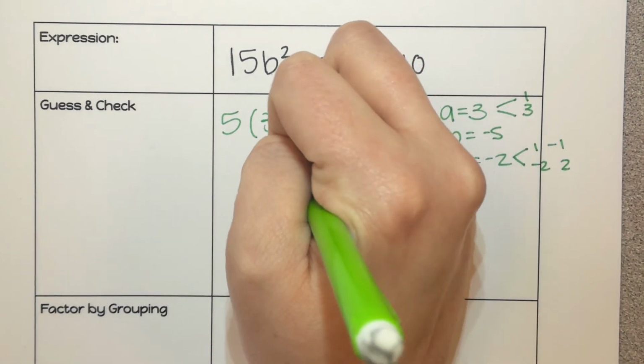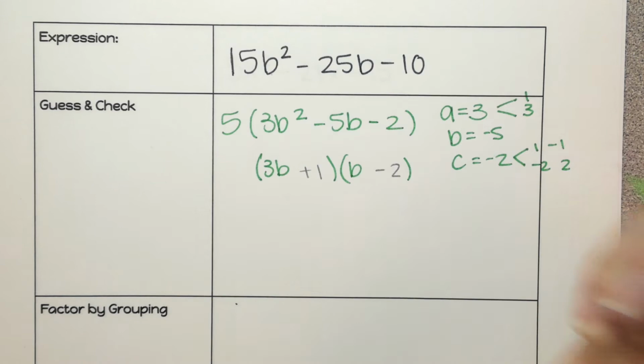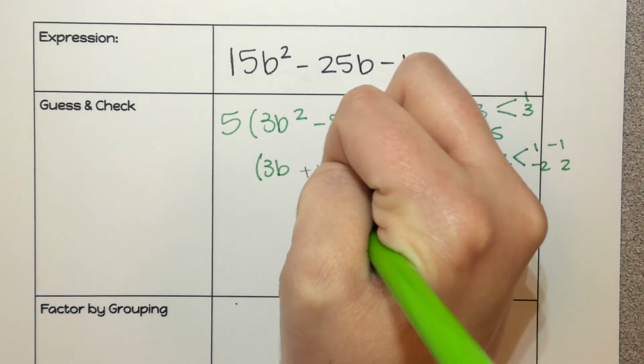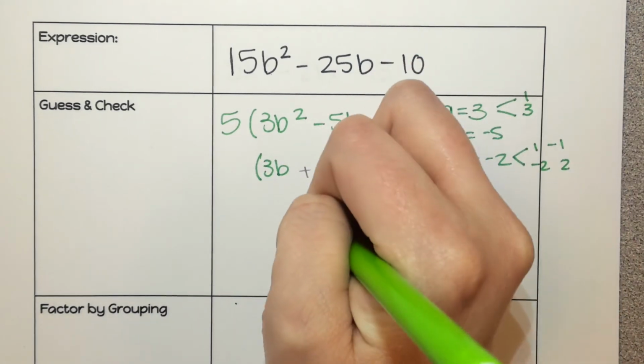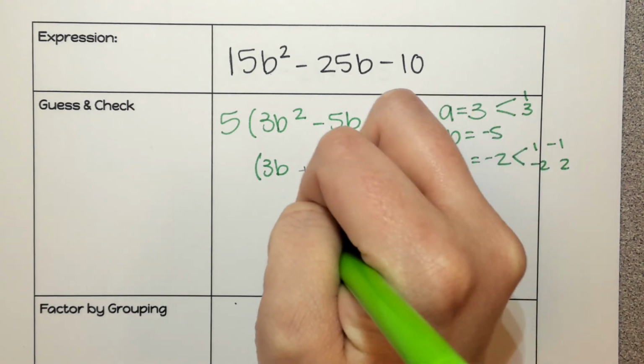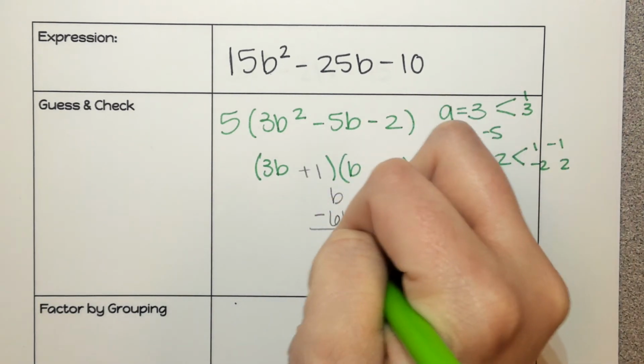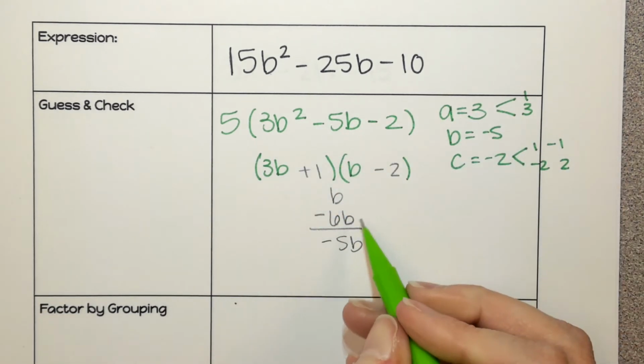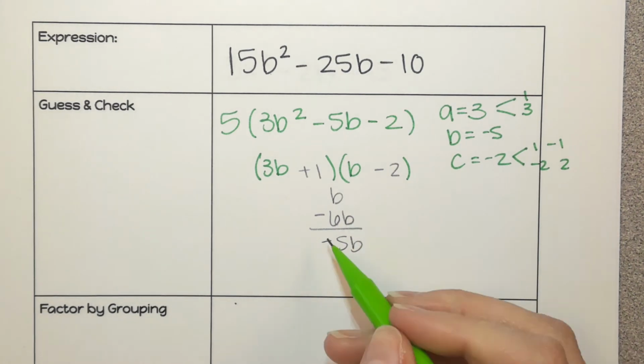All right, so now I'm just going to try some different options. So I'm going to try plus 1 and minus 2. So 1 times b is 1b. 3b times negative 2 is negative 6b. And that gives me negative 5b. So I just happened to guess that one correct.